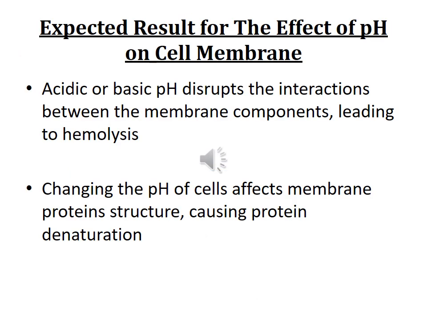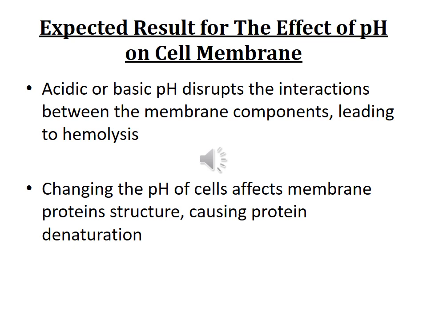So what do we expect, guys, for pH? Acidic or basic pH basically disturbs the charges on the membrane components, leading to hemolysis. For example, one of these membrane components is proteins. And proteins form their secondary, tertiary, and quaternary structures.